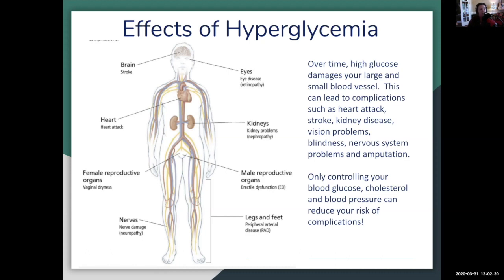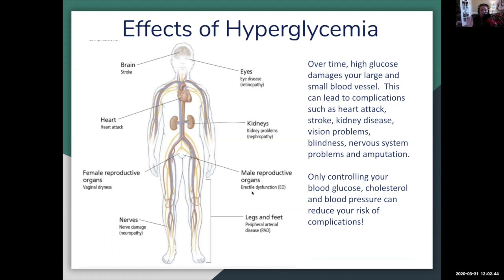It's in the feet and the hands. Women can also have reproductive problems from consistent high blood sugar. You can have dryness. You can have a lot of UTIs or yeast infections too if blood sugar is not controlled. And we did mention already the significant risk of heart disease among our diabetes patients, and closely related to that, of course, is stroke.